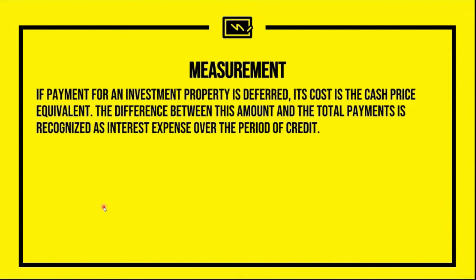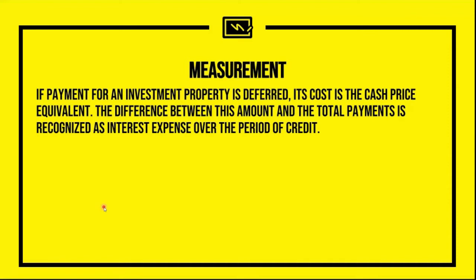So basically, you get the total payment that you're going to make, and then you deduct the present value or cash price equivalent. Any difference will now be charged to interest later on. So for every time that you're going to make payment, there will be amortization of interest. Okay?